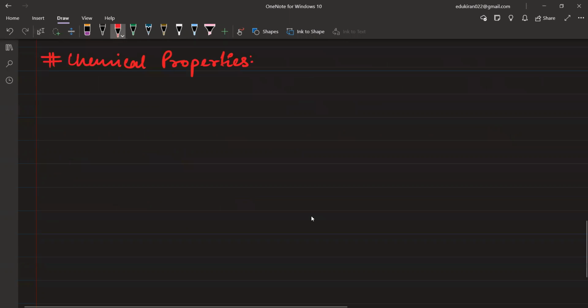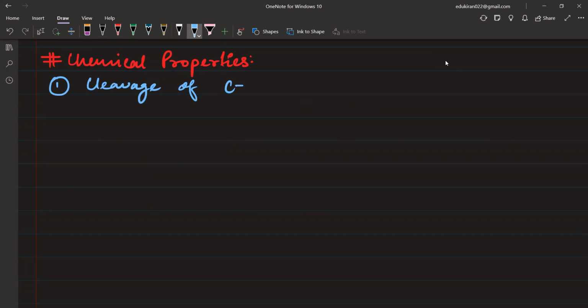Look, right here, chemical properties. Number 1, cleavage of C-O bond.